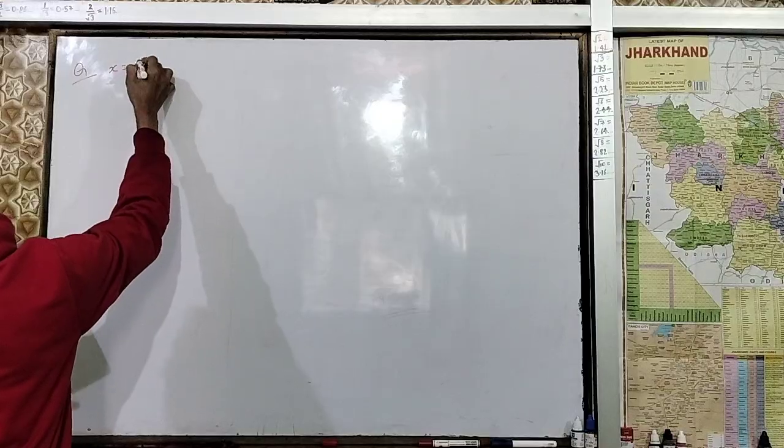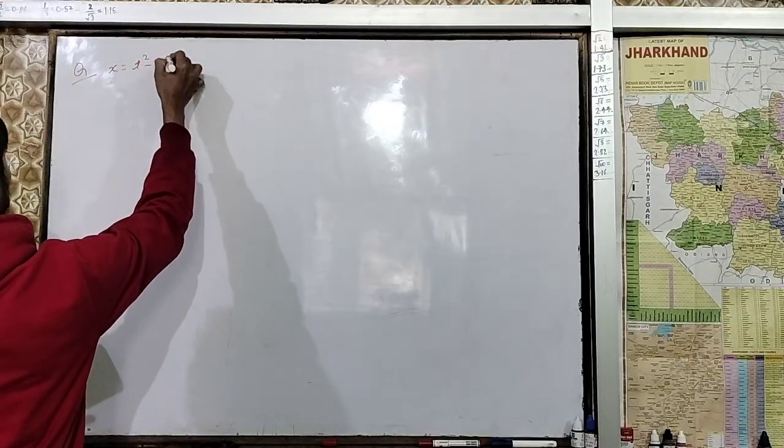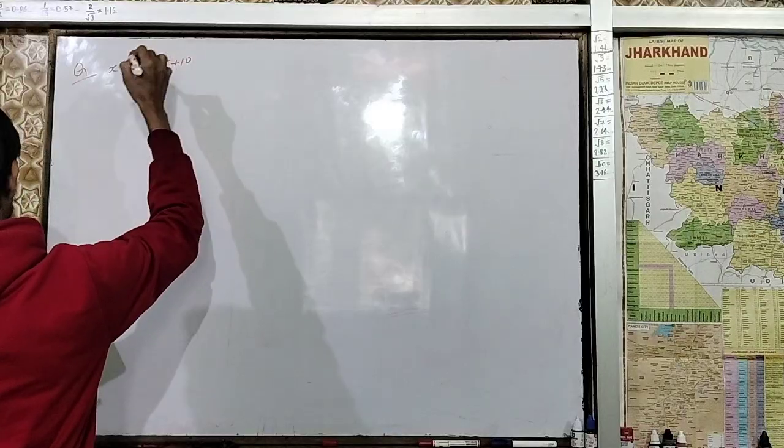x is given as t square minus 8t plus 10.